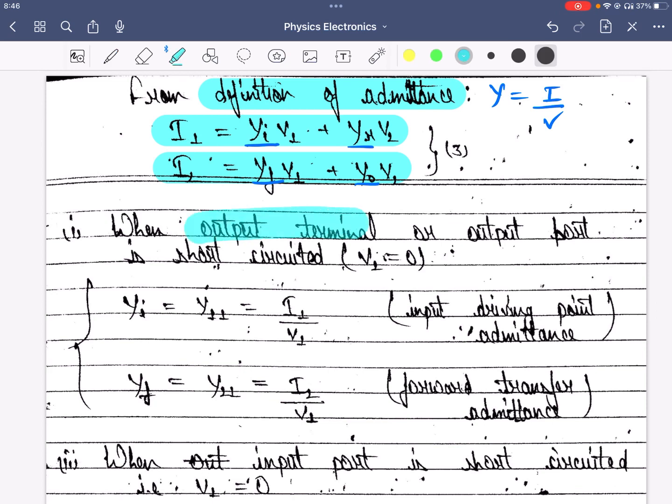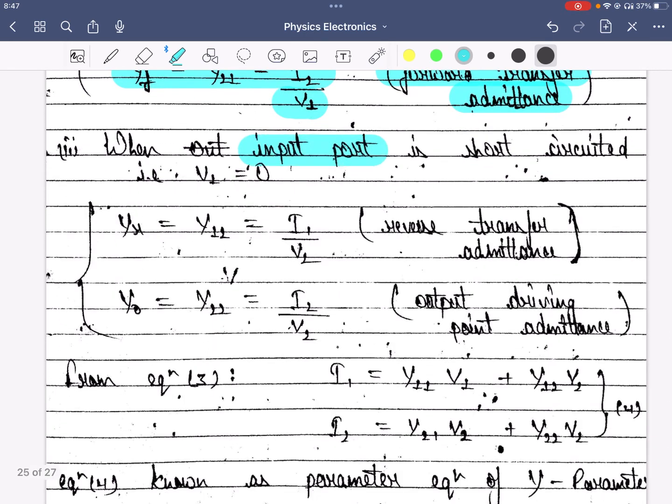Now when the output terminal or the output port is short circuited, that is V2 is equals to 0, Yi is equals to Y11 is equals to I1 by V1. Yi is known as the input driving point admittance and Yf is equals to Y21 is equals to I2 by V1 and it is known as the forward transfer admittance.